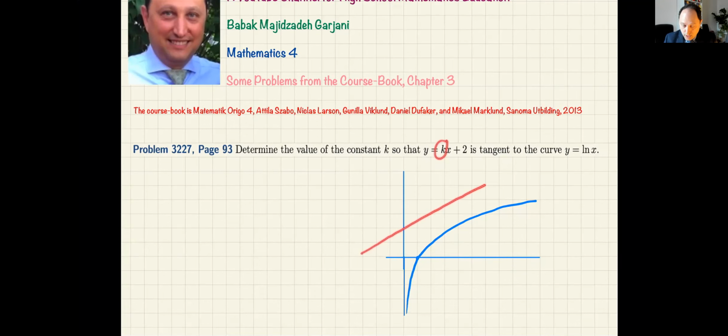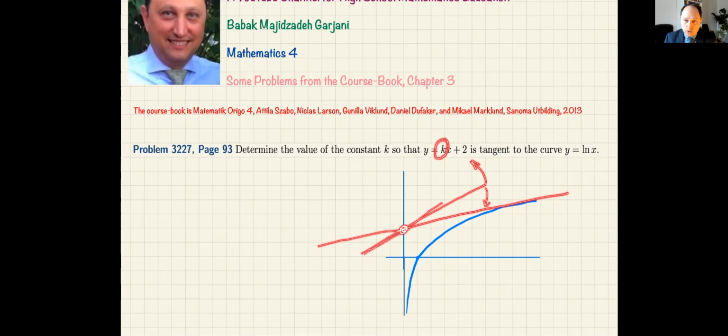So by changing k, what happens? You start rotating this line in either direction. And then we want to fine-tune it in a way that it becomes tangent to this curve. If I start changing the value of k, I will consider all these lines that have the y-intercept equal to 2, but I will start rotating them around.